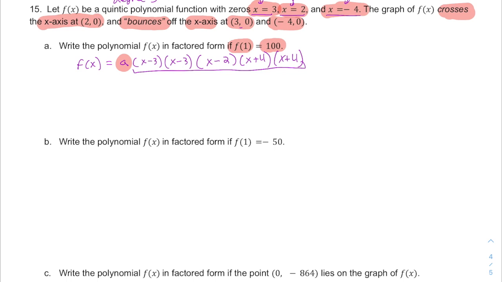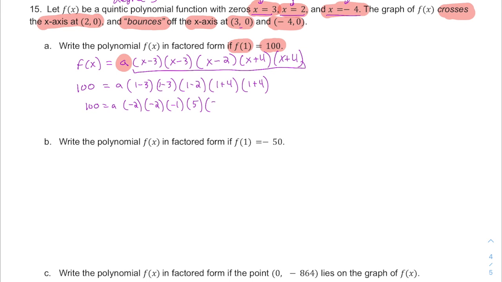So I'm going to replace f of x with 100. Okay. And I'm going to say it's equal to a. And then I'm going to substitute in 1 for all of my x's. 1 minus 3, 1 minus 3, 1 minus 2, 1 plus 4, and 1 plus 4. So I end up with 100 equals a times negative 2 times negative 2 times negative 1 times 5 times 5.